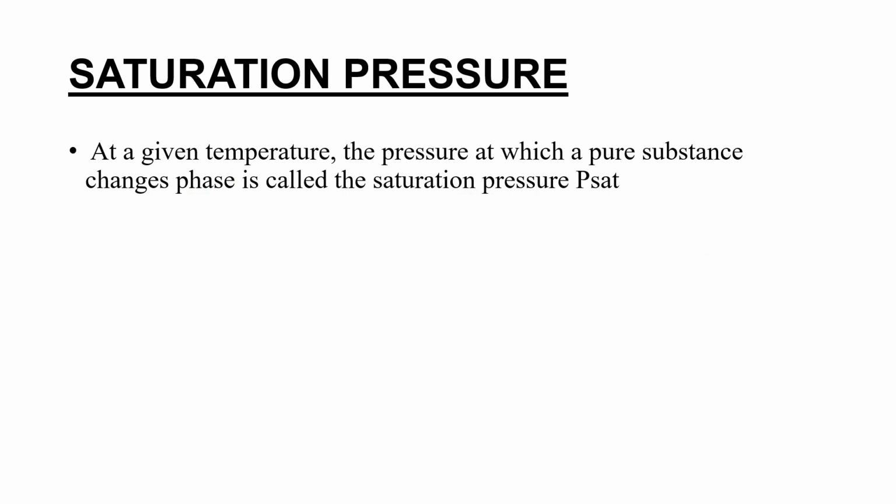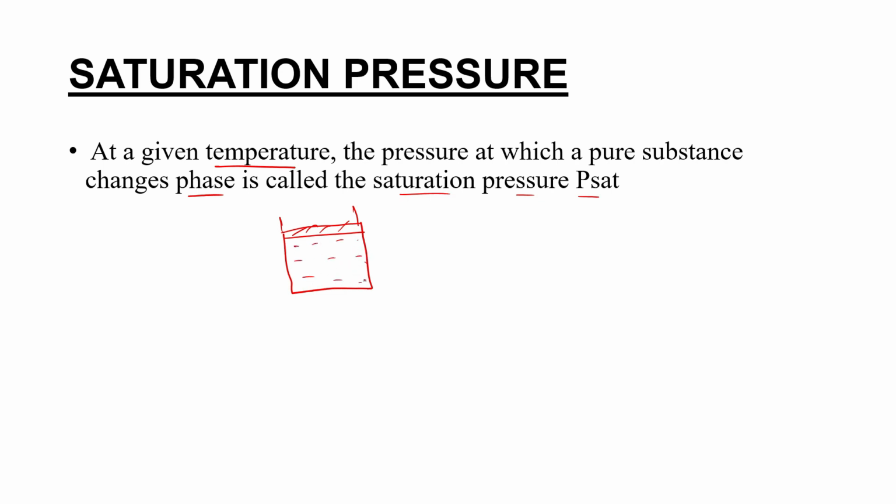Now let us see what is saturation pressure. Both are related to each other. At a given temperature, the pressure at which a pure substance changes phase is called saturation pressure. So this happens because if you take a liquid, so again a piston cylinder assembly, if you take a liquid, okay, liquid.